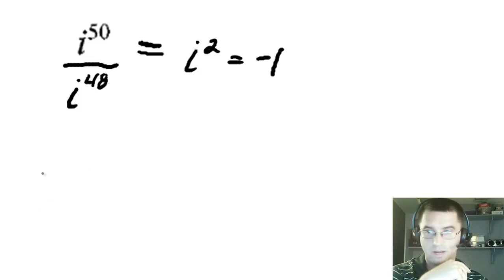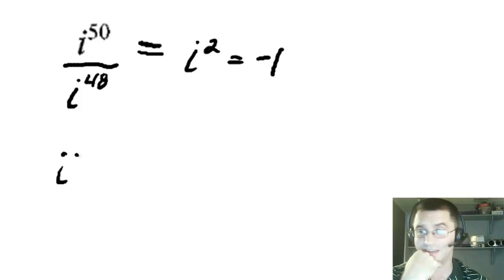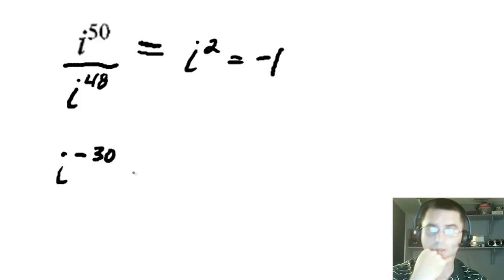If I had a negative power, maybe I'd want to multiply. For example, if I had I to the negative 30, let's say. Well, what's a number I can multiply by? How about I to the 32? What's I to the 32? 32 is a multiple of 4, so I to the 32 is 1.